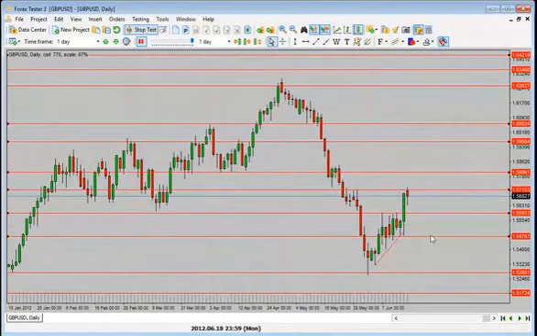Okay, went right into the next level here. Now we have a red candle close. What now? Okay, so here, I think we could see another reaction at the resistance level here. Let's take a look.